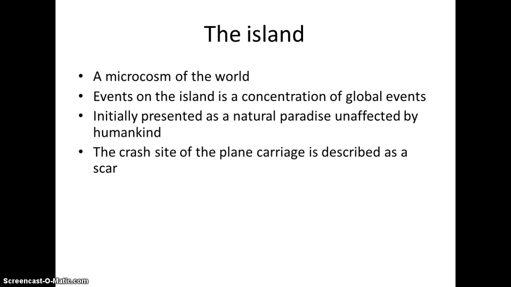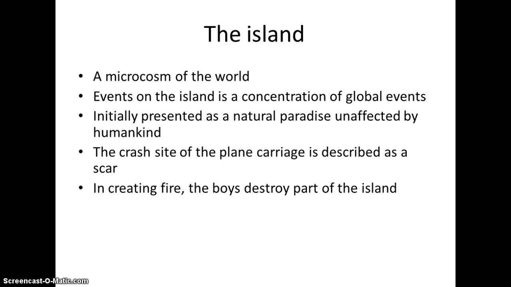So it damages the island. Humankind's first impact on the island damages it. The boys create fire, this human power over beasts, that we can control fire. They start fire and straight away destroy part of the island.